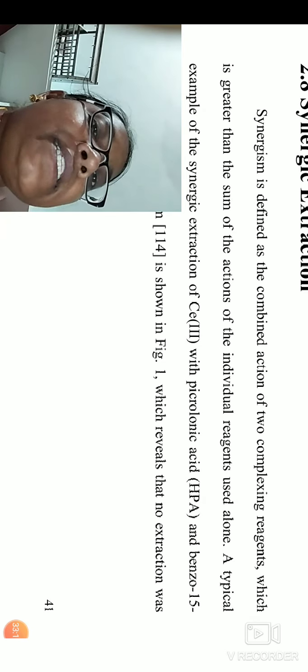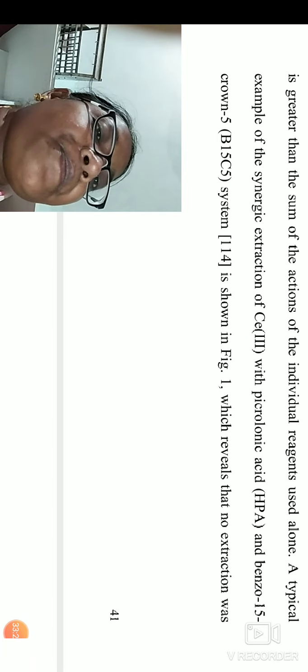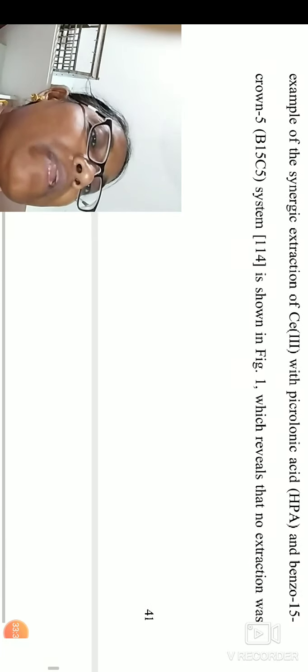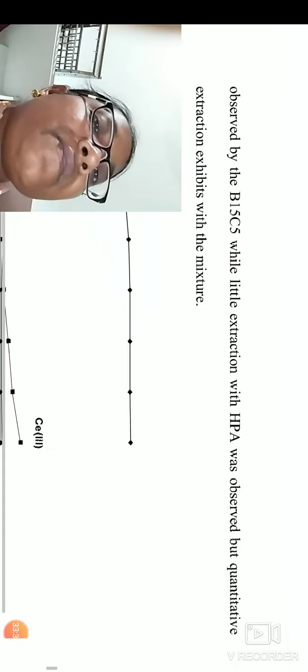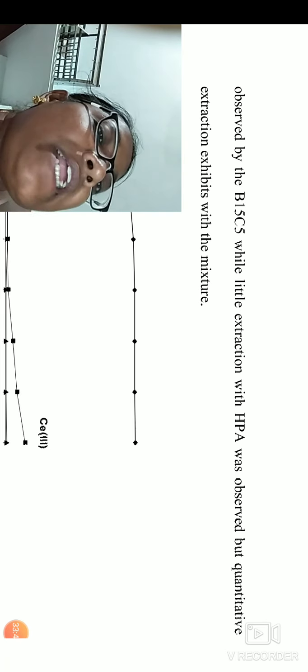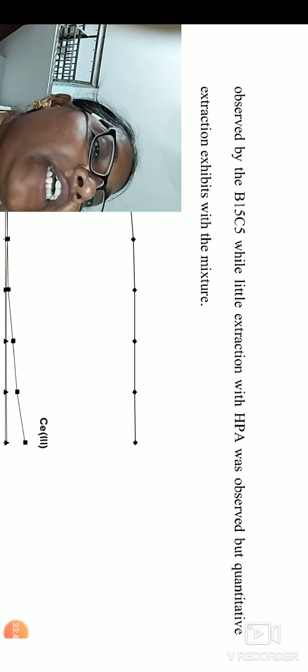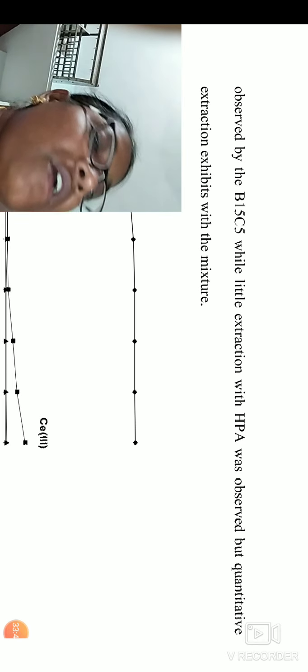A typical example is the synergic extraction of cerium(III) with picolinic acid (HPA) and benzo-15-crown-5 (B15C5), shown in the figure, which reveals that no extraction was observed by B15C5 while little extraction with HPA was observed, but quantitative extraction is exhibited with the mixture.